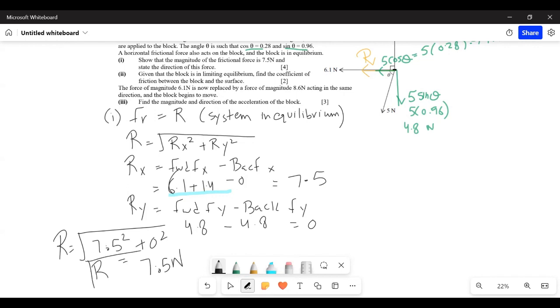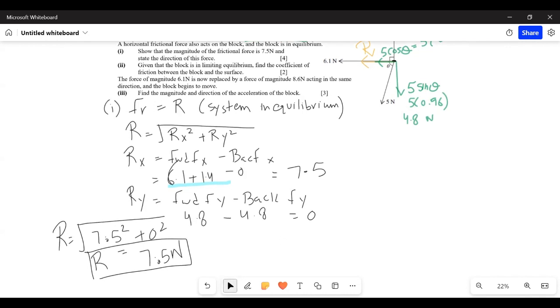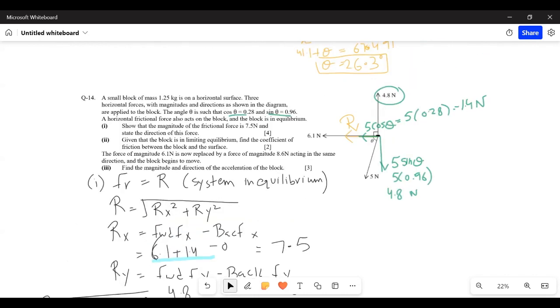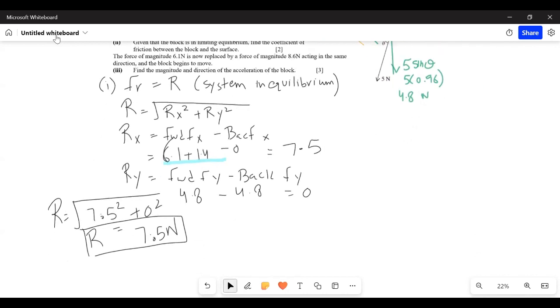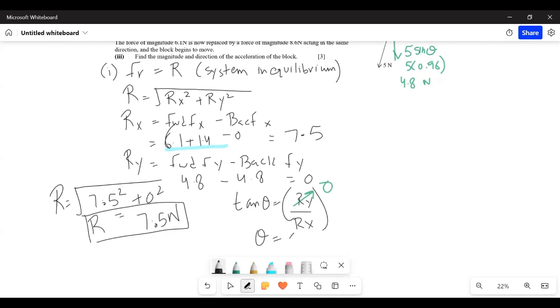R is coming out to be 7.5 न्यूटन्स। और इसकी डायरेक्शन देख लेते हैं। वैसे तो हमें नजर ही आ गया कि y कंपोनेंट कैंसिल आउट हो रहे हैं, तो जो r है वो x की डायरेक्शन में ही है, दैट इज 6.1 न्यूटन्स। बट लेट्स आल्सो प्रूव इट। tan थीटा इज इक्वल्स टू आर वाई अपॉन आर एक्स। तो आर वाई तो है 0, तो दैट मीन्स tan थीटा इज इक्वल्स टू 0, और फिर थीटा इज इक्वल्स टू 0 डिग्रीज। When you take tan inverse of 0, that's 0.